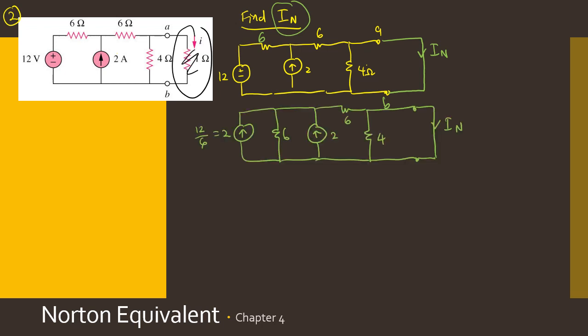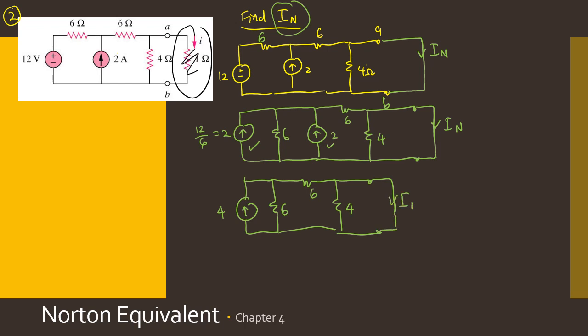When you do the source transformation, this current source you can add, then you will get this. Yeah, you can continue your calculation and further source transform this part. 6 times 4 you get 24, and this one I change to a voltage source because you're going to transform this part, and this is 6.